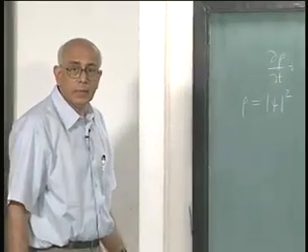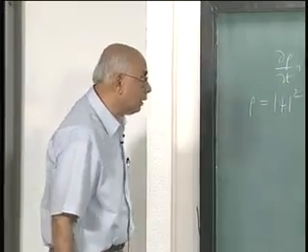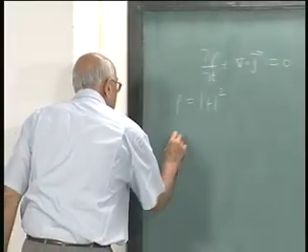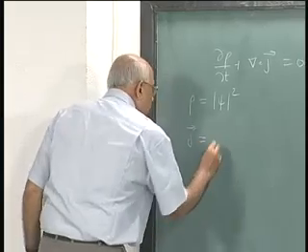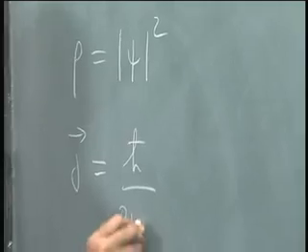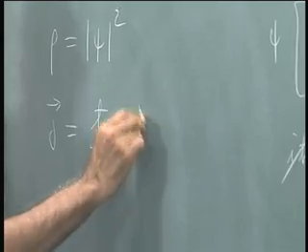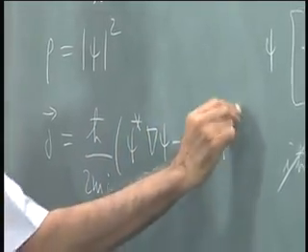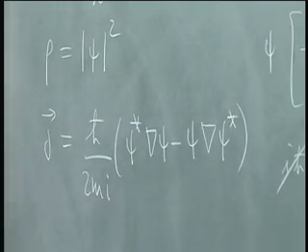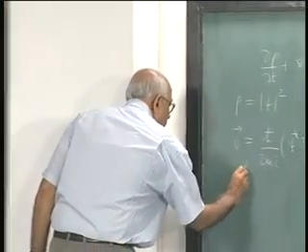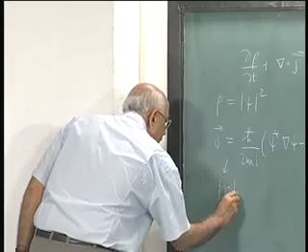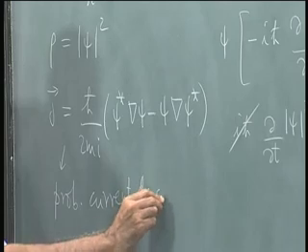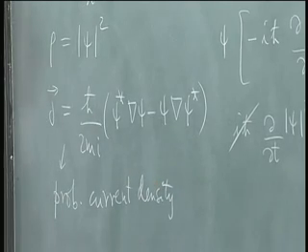The charge density in this case is just the probability density, plus the current is this quantity, so J equal to h cross over 2mi psi star grad psi minus psi grad psi star, and this quantity is called the probability current density.